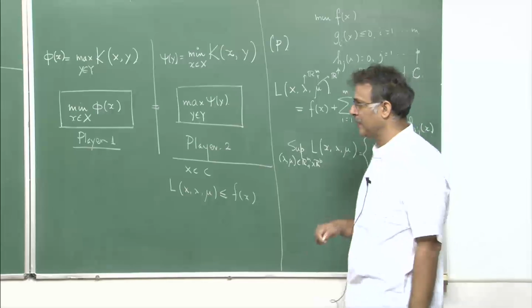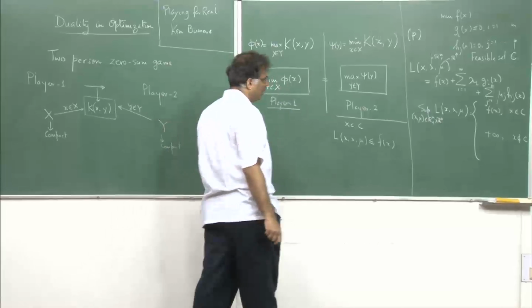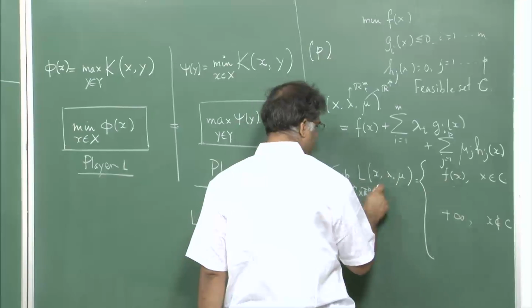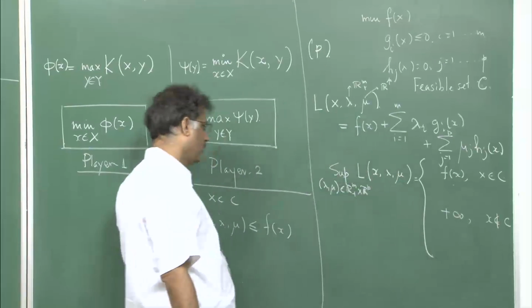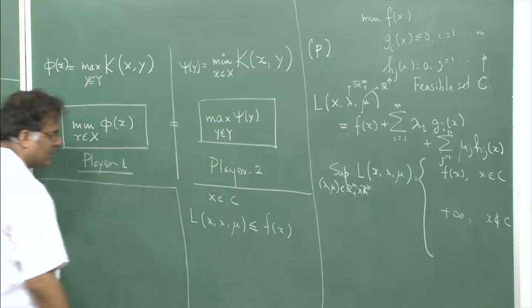Now, this is slightly different from the look of this. So, if x is in C, you will get this, and if not, you will get that. This is a structure which can also be written as something else.